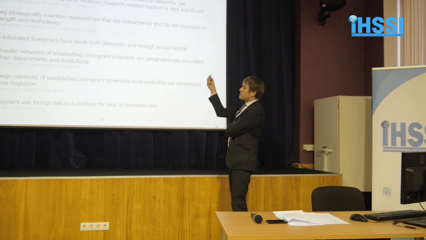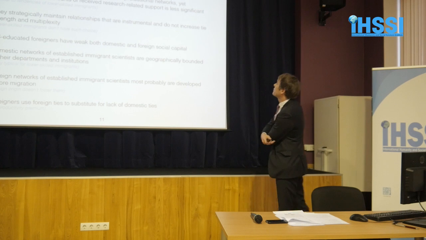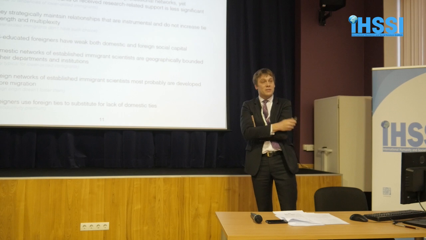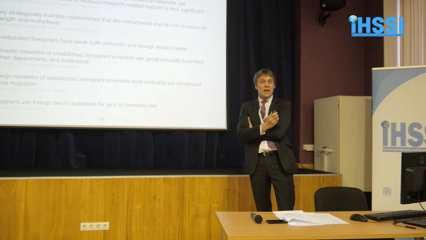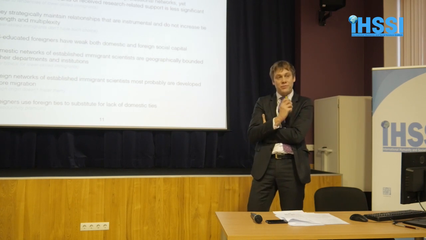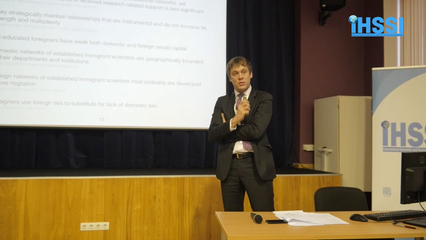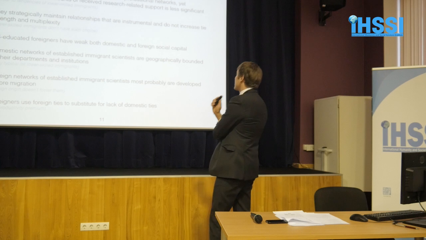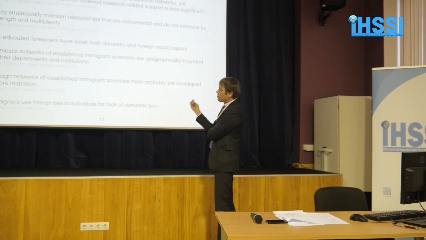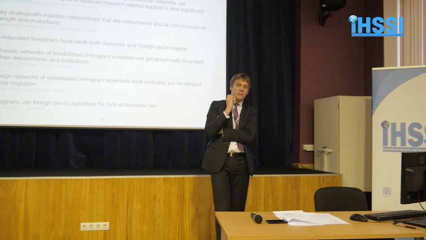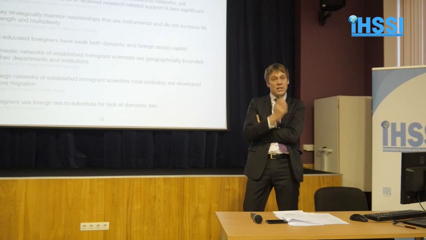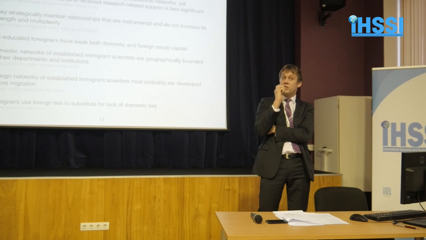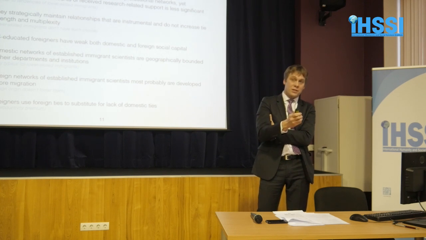So, yes, foreign-born scientists do have significantly smaller professional networks, but if we look specifically at those social ties which are closely connected to their professional activities, the difference is much smaller. It means they use their networks much more efficiently. The second thing is, no, their ties are not stronger, but they much more strategically choose with whom to make relationships, which is different from the lower skilled immigrants.